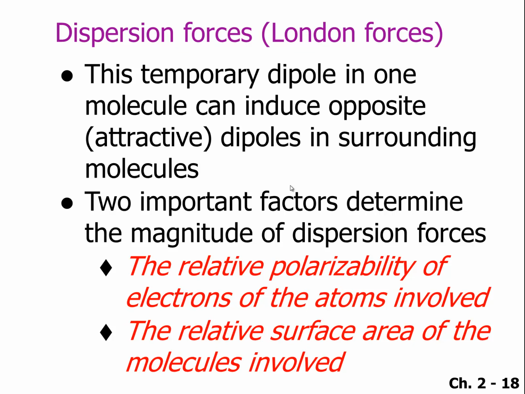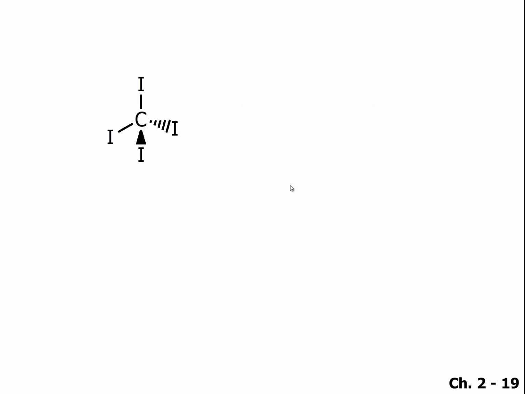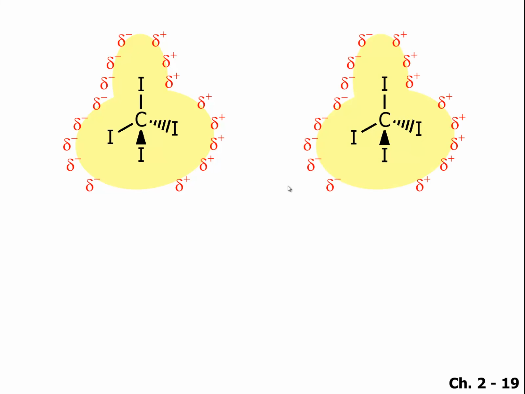All right, so let's look at an example. Polarizability. Say, for instance, we take a carbon with 4 iodides attached, carbon tetraiodide, and we compare that with another one, right? So we can imagine that in brief moments in time maybe the electrons shift over to this side for just a brief moment.